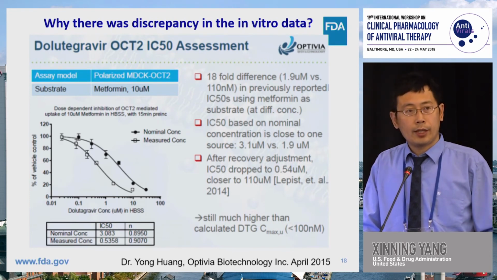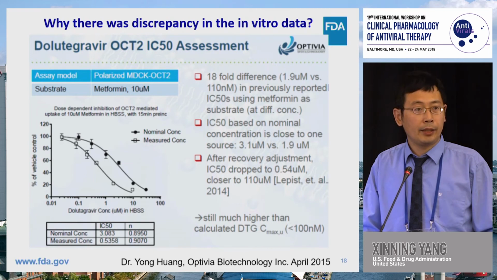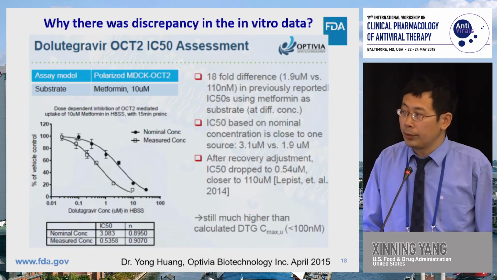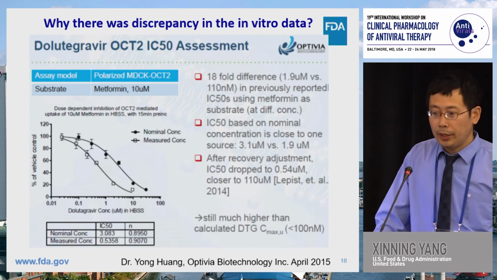Here is a slide I borrowed from Dr. Yun Huang from Optivia. They further looked into this, and they found that the reason is probably non-specific binding in the in vitro experiment. Here they also use metformin as a substrate so that they have a common ground to compare the results. In this figure, the right one uses the nominal concentration.